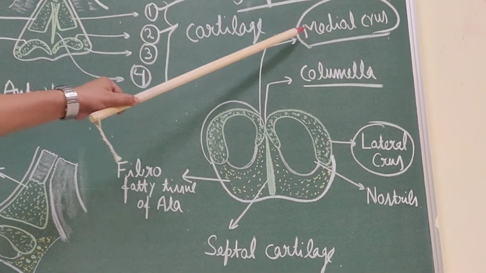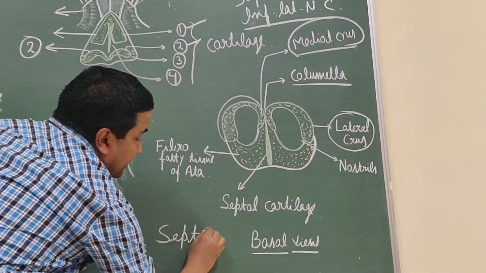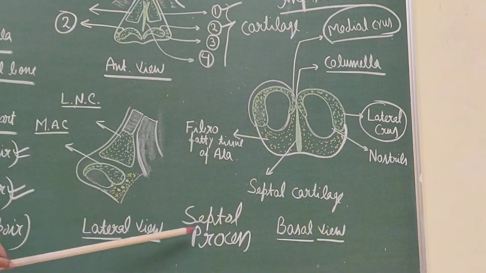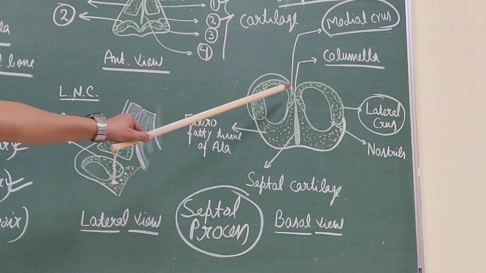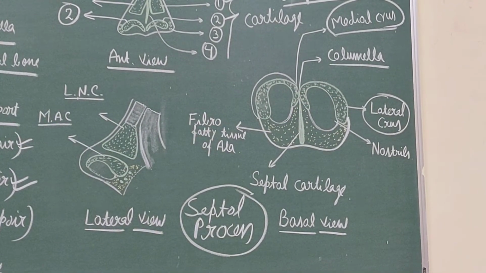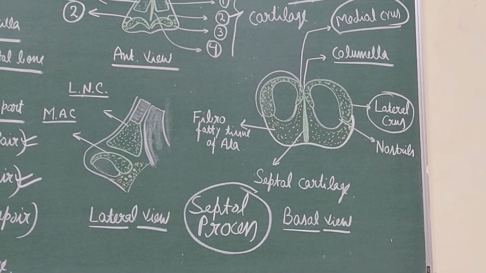This medial crus is also known as the septal process. It is a C-shaped or U-shaped cartilage.